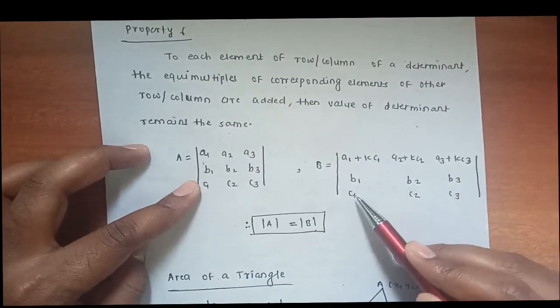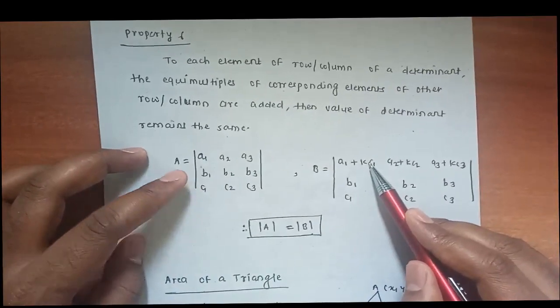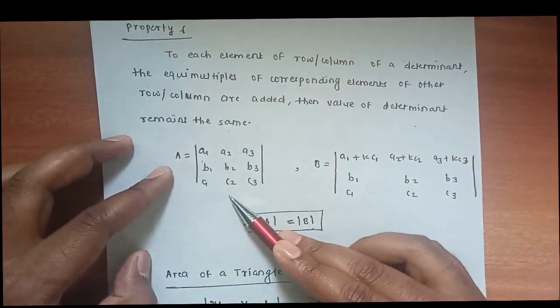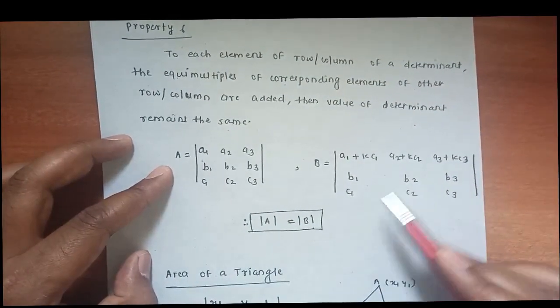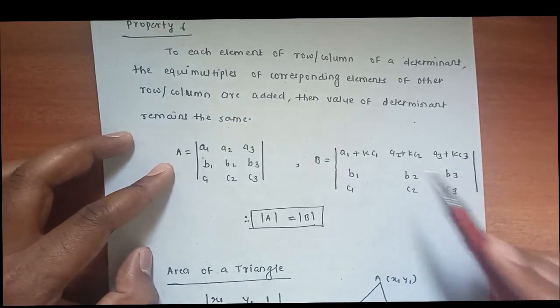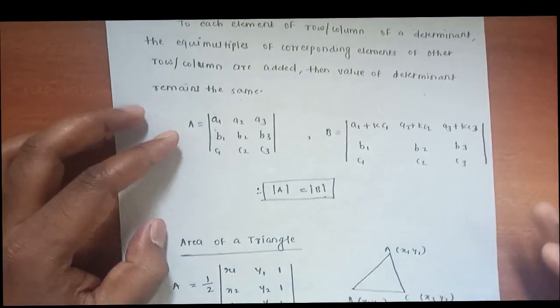Even after adding a scalar multiple of the third row to the first row, the answer of the determinant will not change. So the answer of the original determinant and the determinant after adding the scalar multiple will be the same.